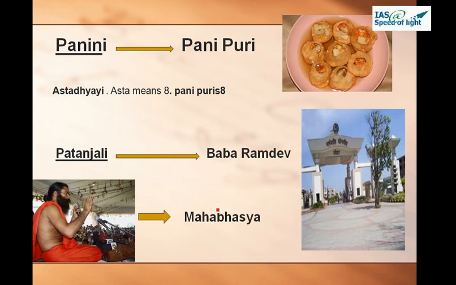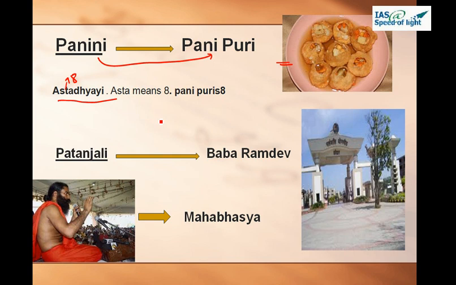Let's move ahead. Panini, right? So Panini was an ancient author, but for Panini we don't have any image. So from Panini we get Pani Puri or Golgappe. Panini wrote Ashtadhyayi. Ashta is 8, right? So Ashtadhyayi, so 8 Pani Puris.